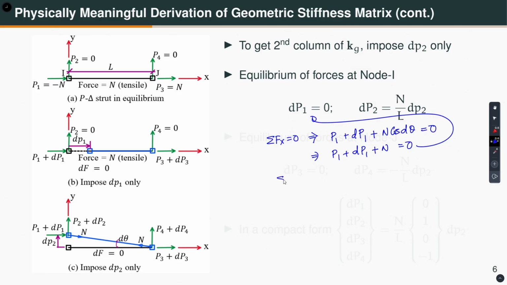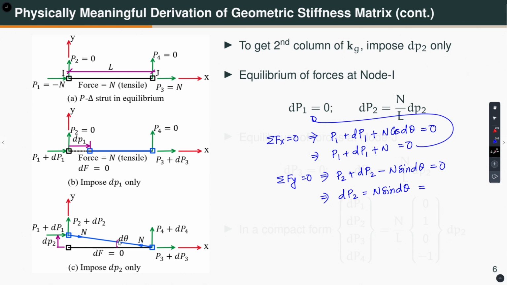Now let us consider the equilibrium in the vertical direction, Fy equal to 0. If I do that, I get P2 plus dP2 minus n sin d theta equal to 0. Initially, to begin with, I had P2 equal to 0, so this is gone. So I get dP2 equal to n sin d theta. Now, what is sin d theta?